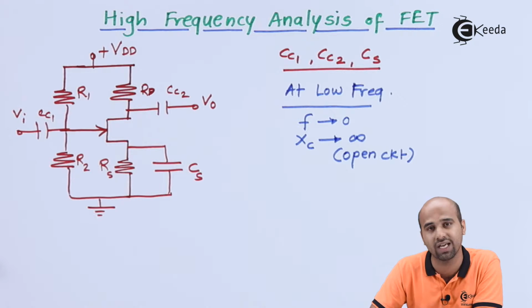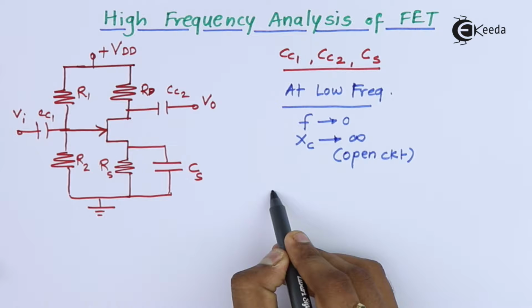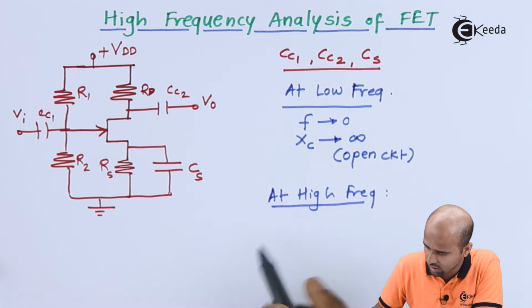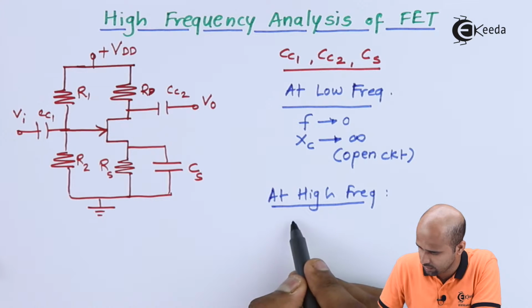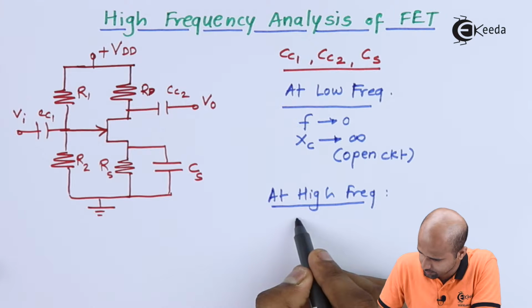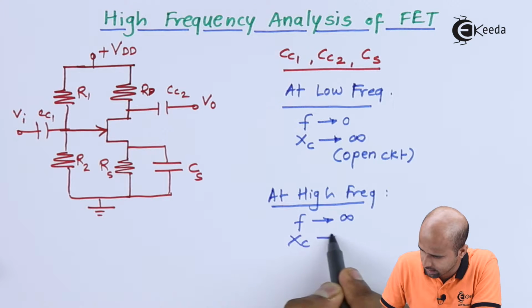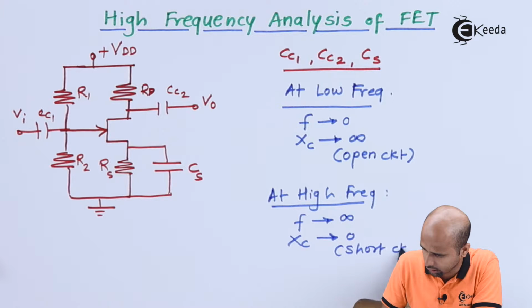And what about the high frequency analysis? At high frequency, F is tending towards infinity, XC is tending towards 0, and that should be short circuit.